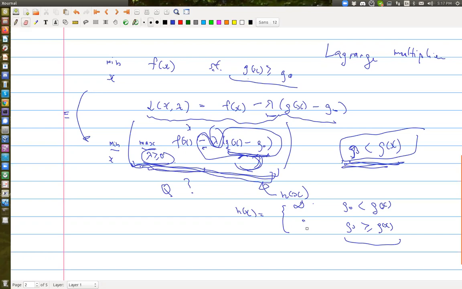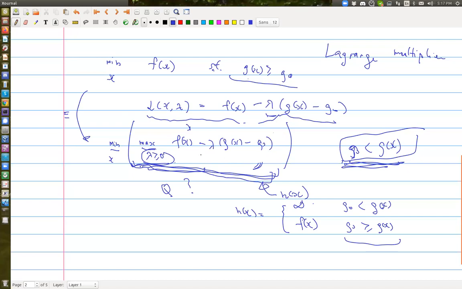And so you can see that I'm absorbing, by introducing this part here... Maybe I erase some of this, maybe I rewrite this: minus lambda (gx minus g0).